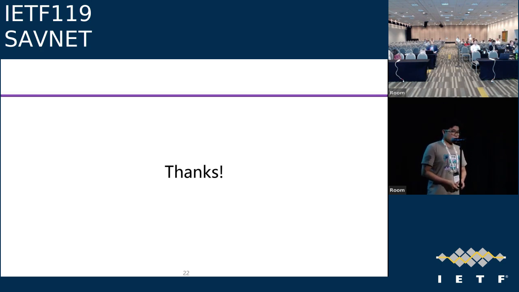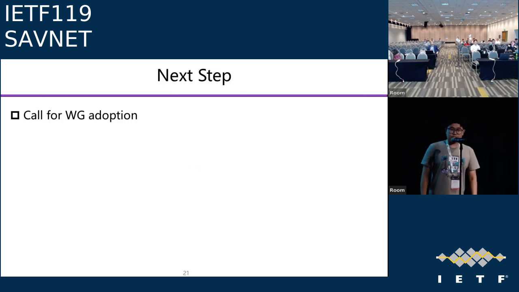So, any questions? If there is no other person to ask a question, I will ask one. From the protocol design, I think there may be a difference for the role of the router.